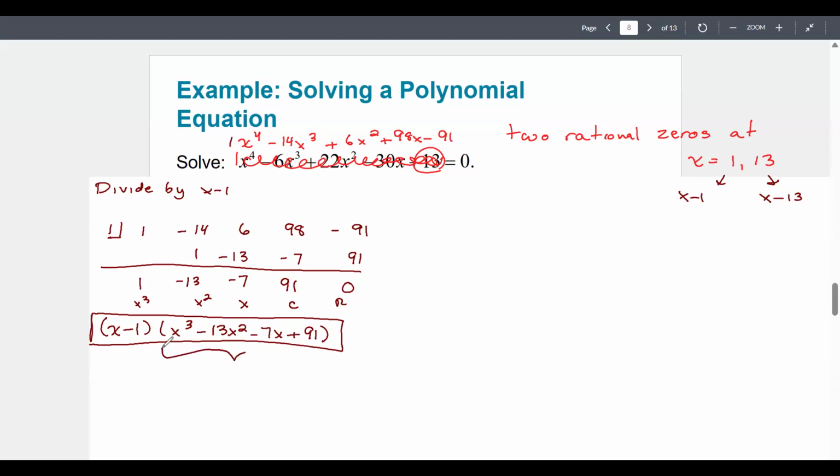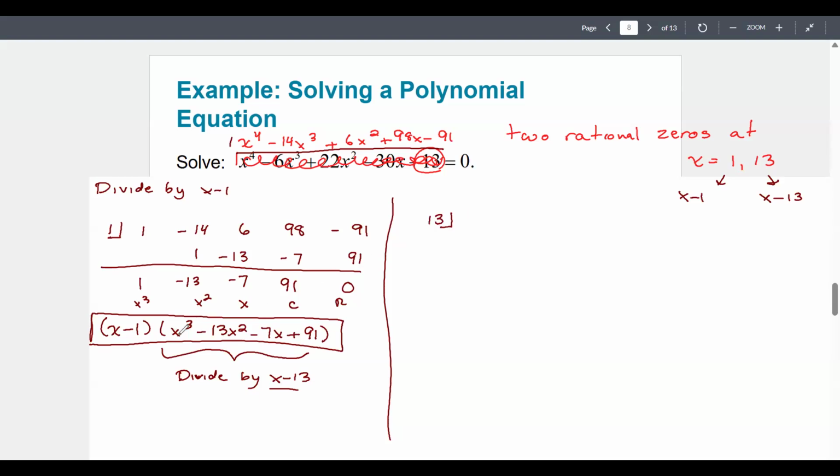So that's my first factor. Now I'm going to take this, and my other factor was x minus 13, and divide by x minus 13. I'm taking my quotient here and dividing this out, because if this is a divisor of the polynomial, it will be a divisor of this part right here. So we're using the 13, taking out that zero at 13.